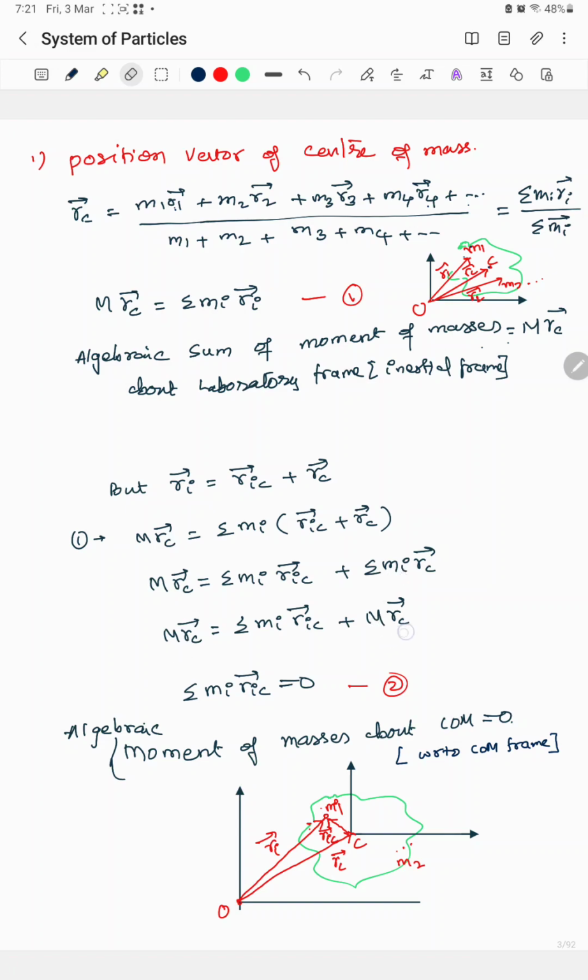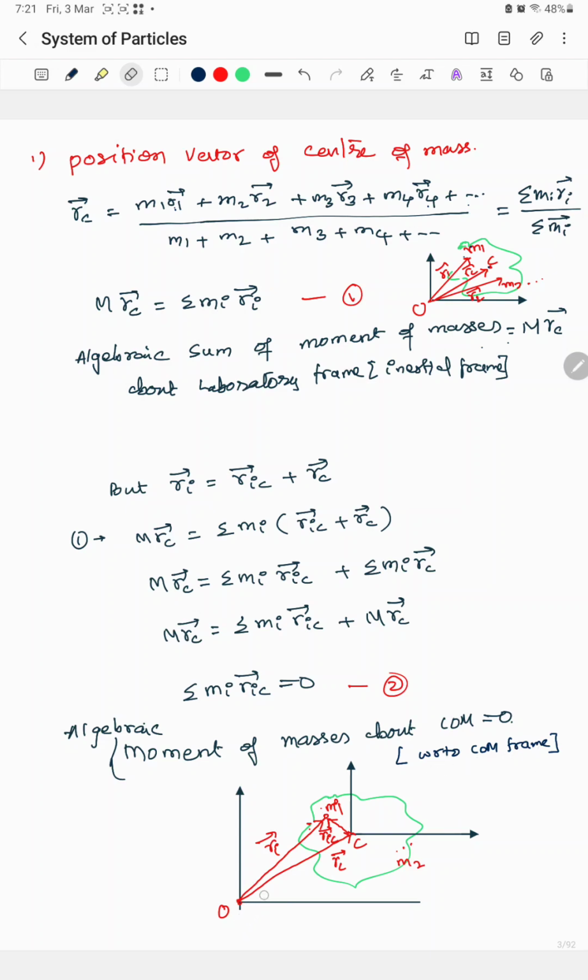Now this term and this term get cancelled, then you get summation mi Ric bar is equal to 0. This is the algebraic sum of moment of masses but with respect to the center of mass, that is equal to 0. Algebraic sum of moment of masses about the center of mass is equal to 0. That is with respect to the center of mass frame, that we know.